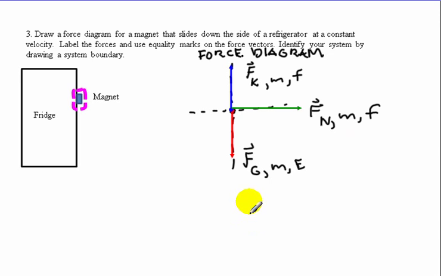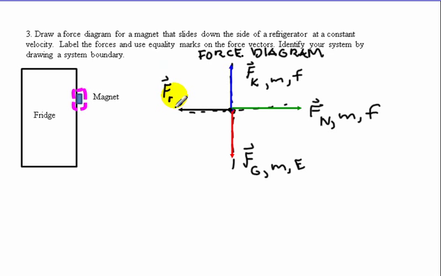The last force we have here is, let's go with purple, it doesn't really matter, a magnetic force. Now, I'll go ahead and label this. So this is going to be a force.